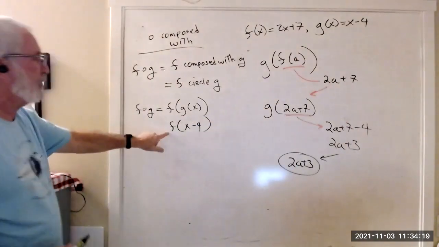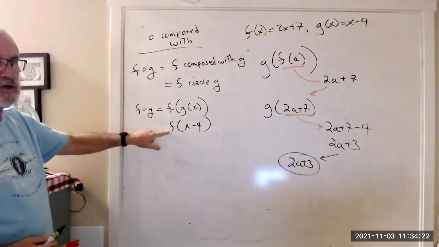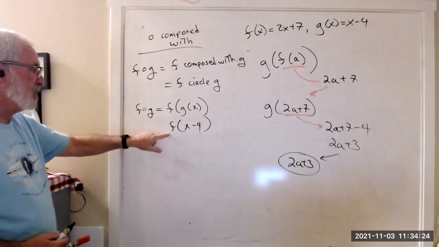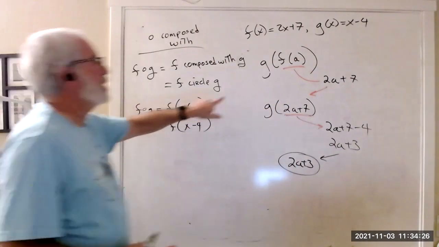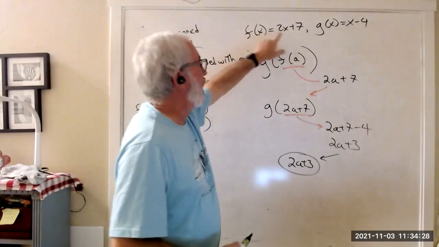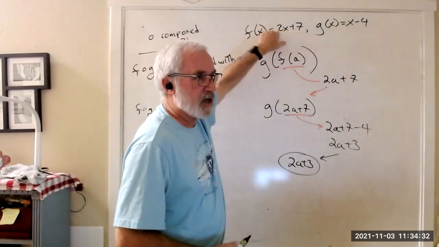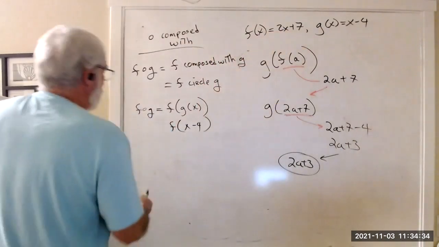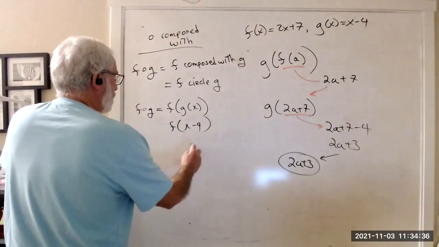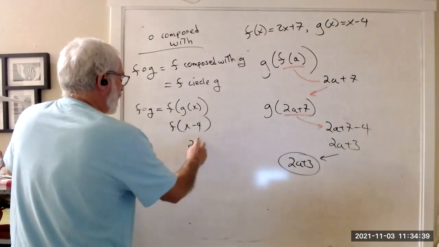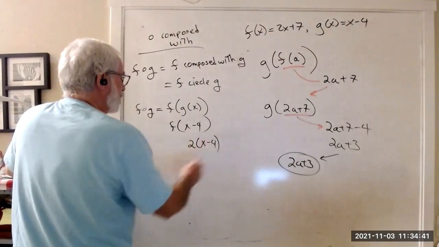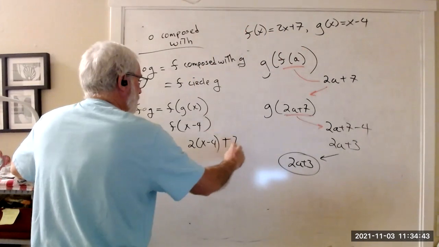Okay, well, how do you F it? What's the F function say? In this case, to F it means whatever you give me, I'm going to multiply it by 2 and add 7. That's what this F function says. So I'm going to take that whole mess, 2 times the whole mess, add 7.